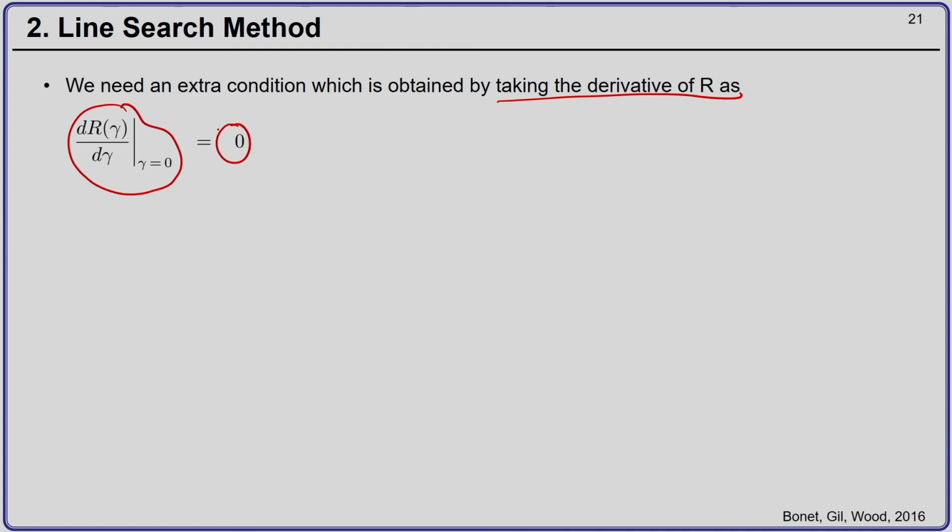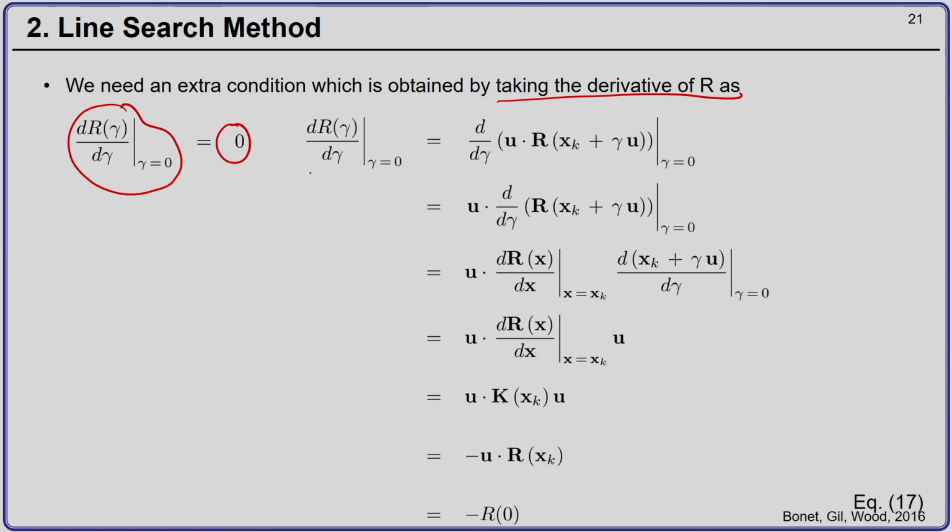Let us take the derivative of R with respect to gamma. Taking the derivative, we have d by d gamma of u dot R of x k plus gamma u. Because u does not depend on gamma, I can take it outside and then I have u dot d by d gamma of R of x k plus gamma u.